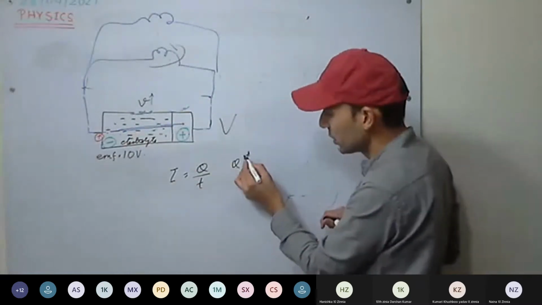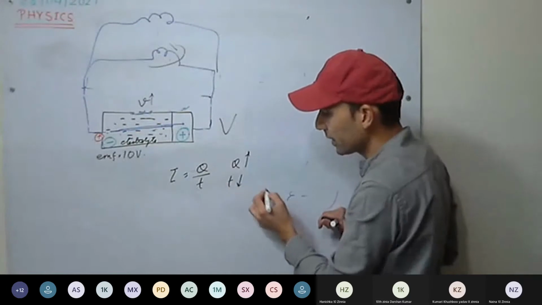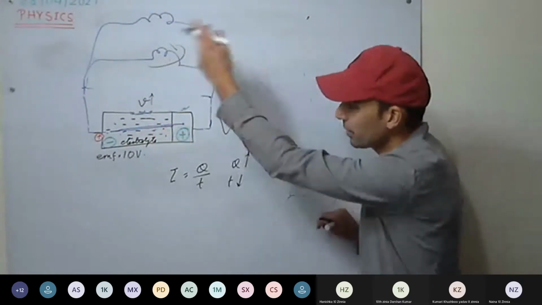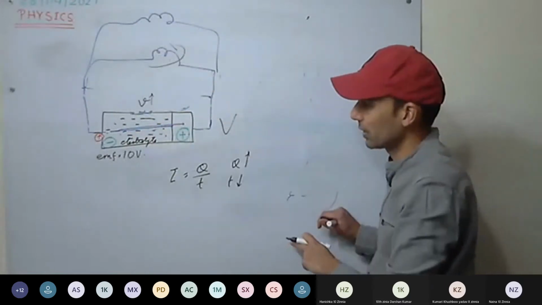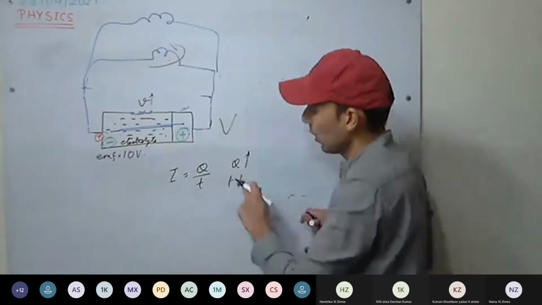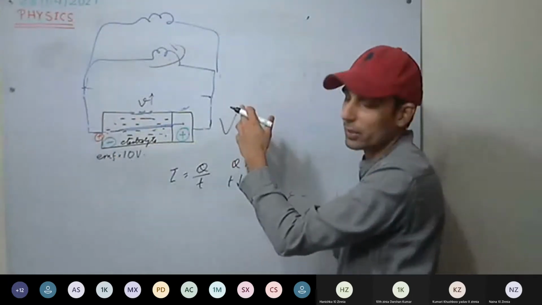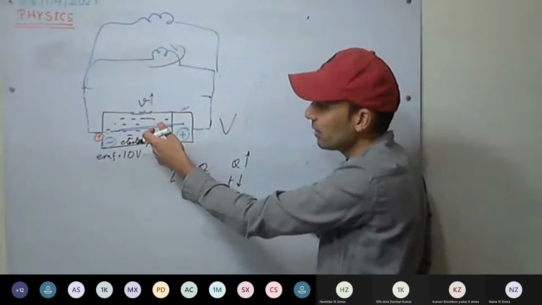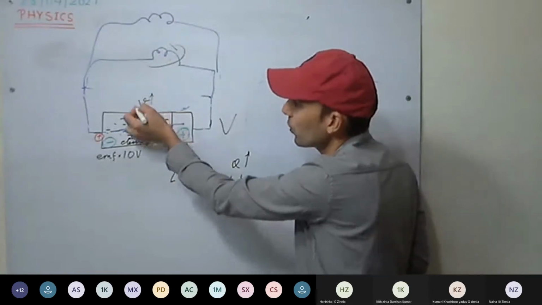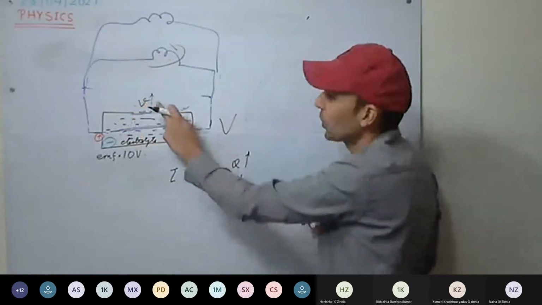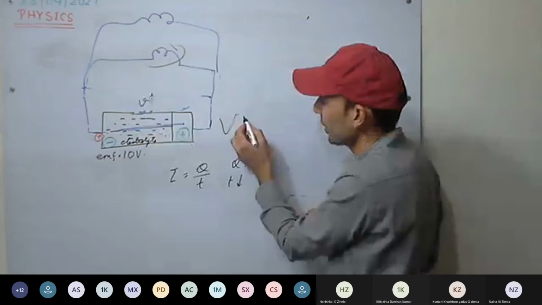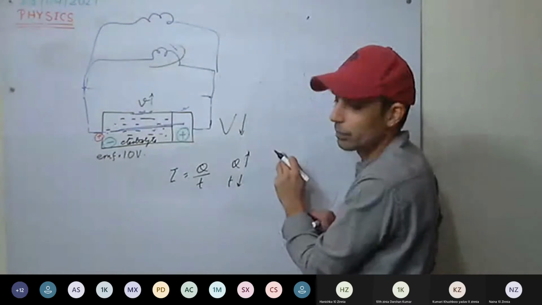Either we increase the charge flow or we decrease the time, that is making the charge flow more fast. So if more charges flow or the charges flow very fast, more internal resistance and more voltage drop will be there. More the voltage drop here, it means terminal voltage is reducing.